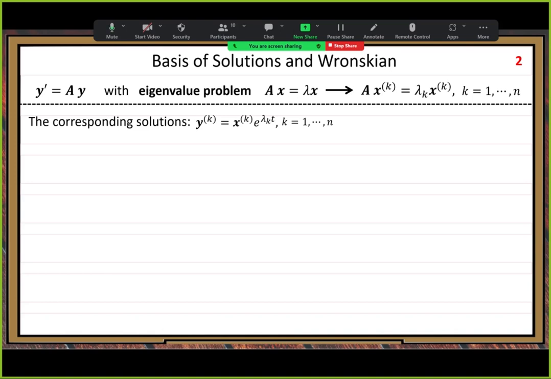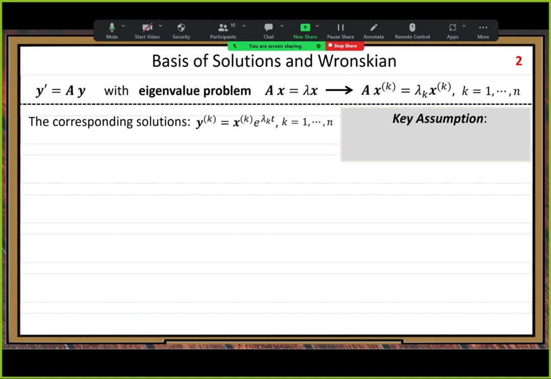Now we want to see if these n y solutions form a basis or not. Remember our key assumption. In order to make the whole situation easier, we make this assumption.